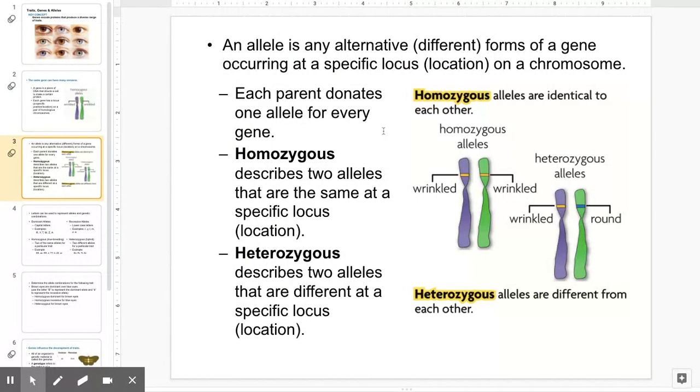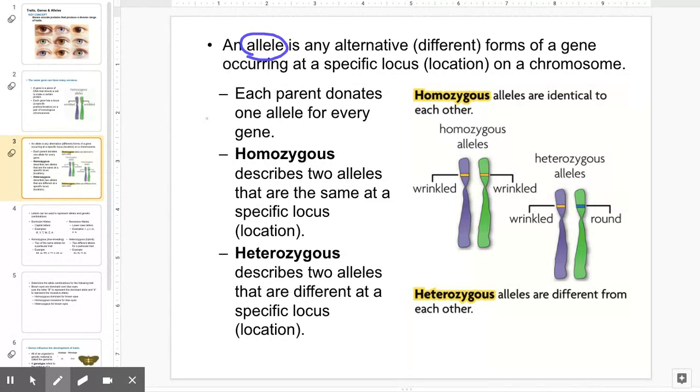So, quantifying some more vocabulary here, we have this term allele. And I'm just going to go up here and circle that for you. An allele is essentially a form of a gene.